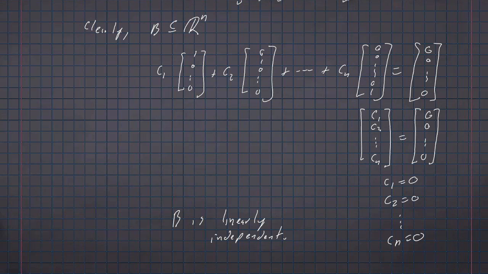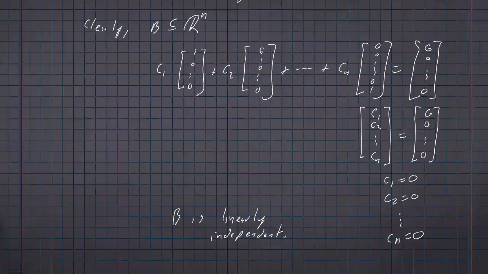To show that it is a basis, we also have to show that its span is equal to Rn. We show that two sets are equal using subset inclusion. First direction is fairly easy.